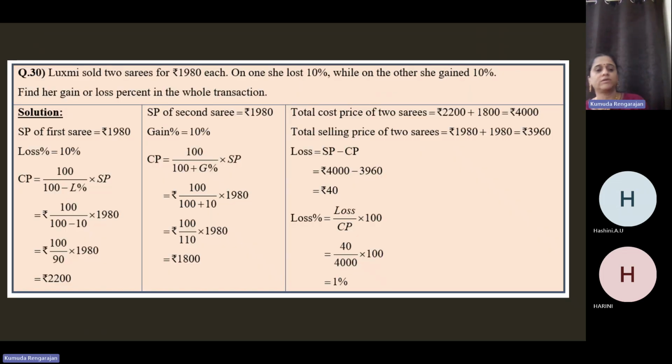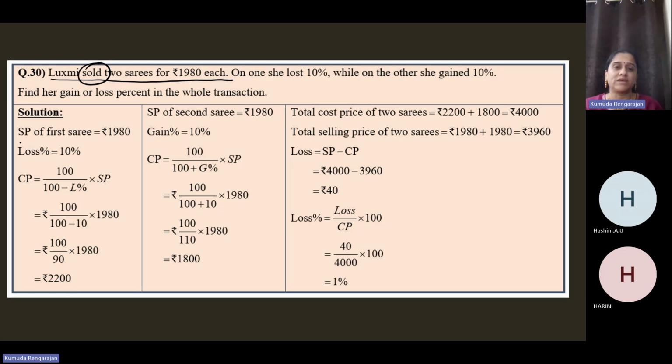Yeah, see, this is a similar question. But we should be careful with the word used. See here, Lakshmi sold 2 saris. Lakshmi sold 2 saris for rupees 1,980 each. So selling price, because sold.